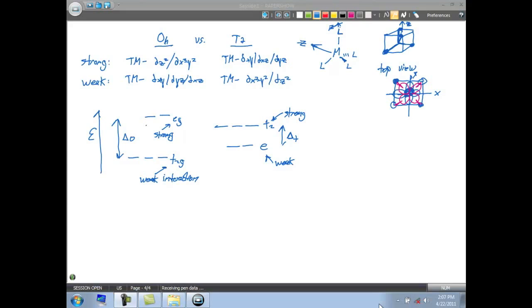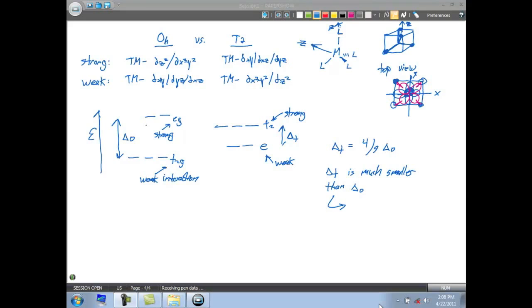One thing that we can note, and we can prove this mathematically, is that delta T is going to be much smaller than delta O. There's actually a mathematical relationship that says delta T is equal to 4/9 delta O. So we can say that delta T is much smaller than delta O. This is going to have a consequence on the magnetism, and it's going to impact it very much so.